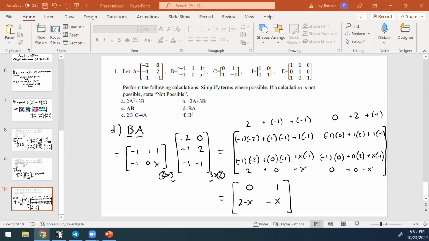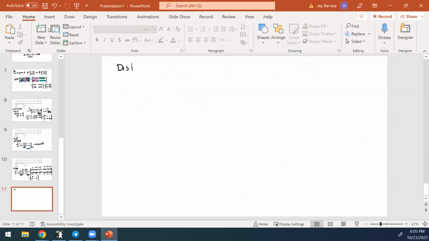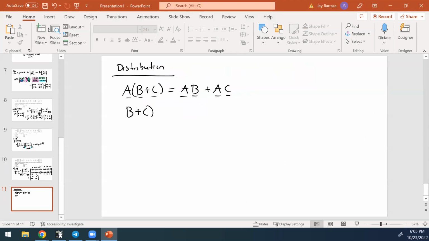Just a reminder about distribution: in the event that you have to distribute, A times (B plus C) is equal to A times B plus A times C. So you have to distribute on the left-hand side. And if you distribute on the right-hand side, then you would be on the other side, right? So the order does matter. We have mentioned that before. Order does matter. Okay. Any questions on that?